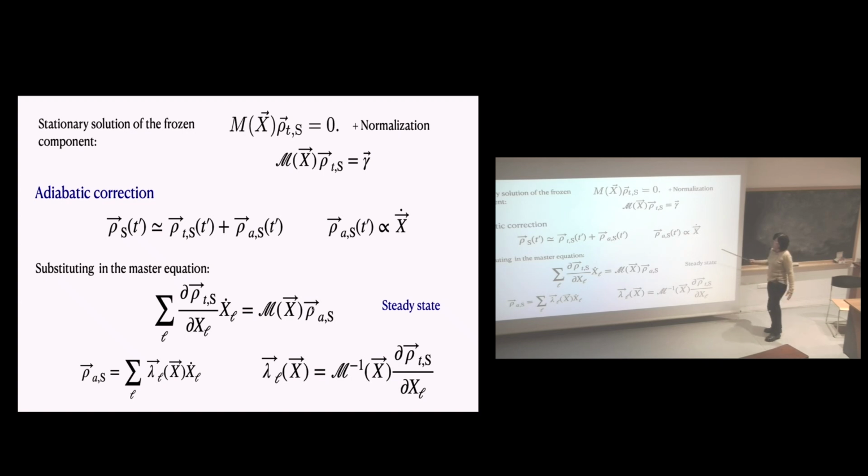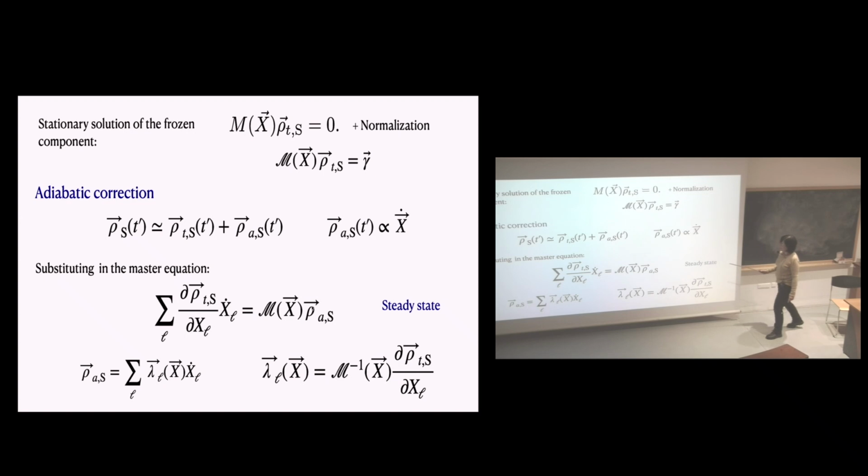I substitute this expansion in the master equation, and if we stop at the first order in the velocities, we get this linear equation for the steady state, in the limit where rho dot is equal to 0.